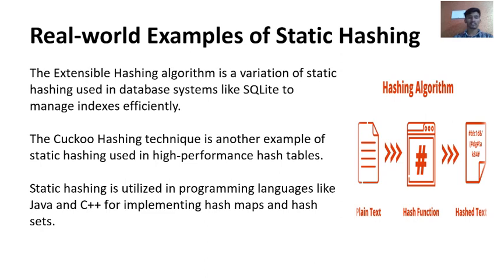Static hashing is utilized in programming languages like Java and C++ for implementing hash maps and hash sets. In this figure, we can see the hashing algorithm and plain text, as we saw in the previous example.